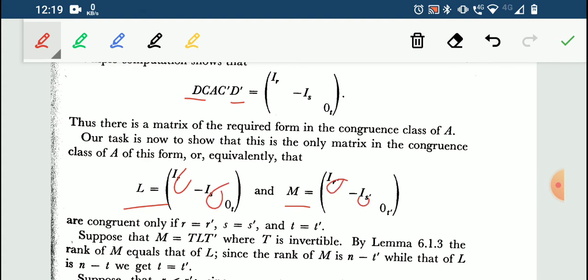It means the number of rows in this identity mapping is different than the number of rows in this identity mapping. Same here also, the number of rows in this identity mapping is different than the number of rows in this identity mapping. Even this can be different, the number of zero rows.